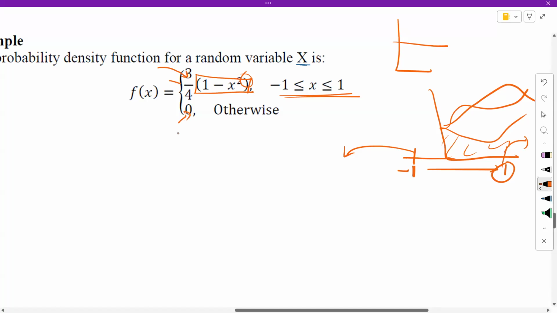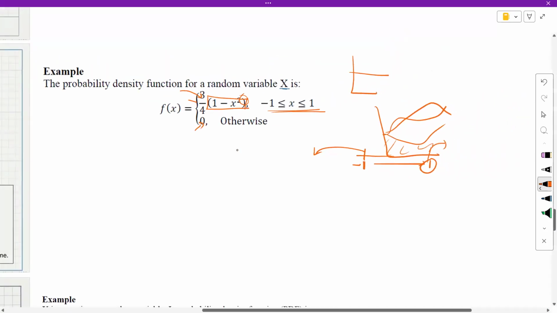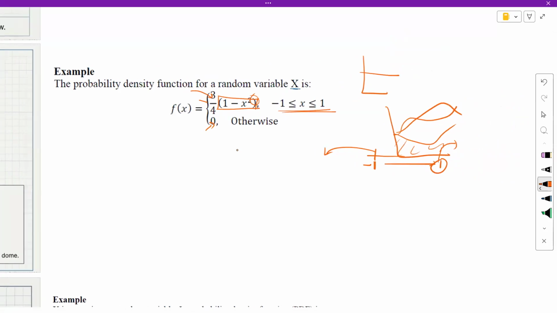This is the meaning of this. Now you can read this. The probability density function f(x) equals 3/4, that's constant, times (1 minus x squared), for x in the range -1 to 1, otherwise 0.